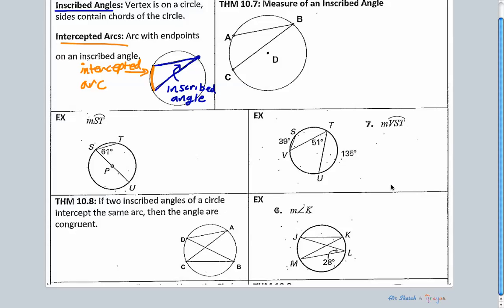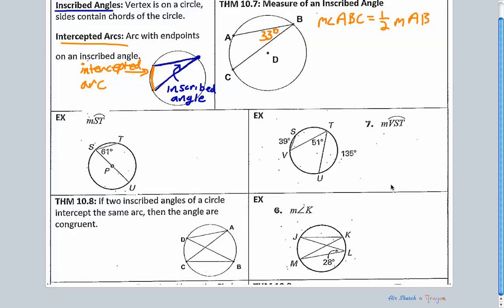Let me give you some information here. This angle we'll say is 33 degrees. And this theorem says that the measure of angle ABC equals 1/2 of the measure of arc AB.